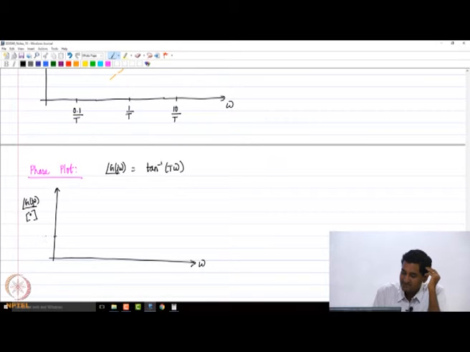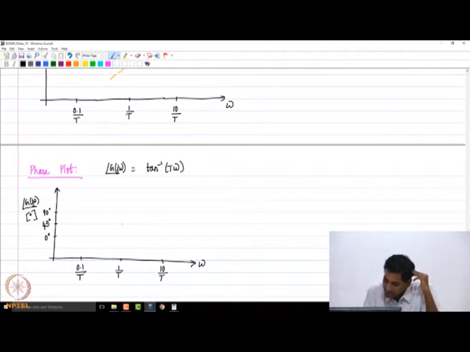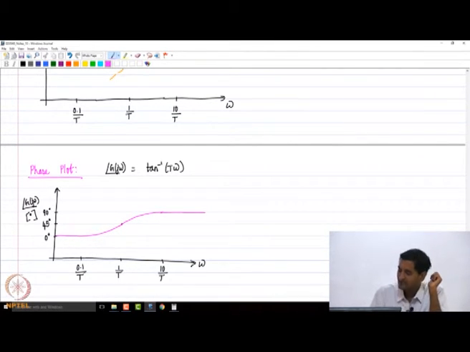So essentially if this is my 0 degrees and this is my 90 degrees and this is 45, so what is going to happen is that at 1 by capital T, and let us say 10 by capital T and 0.1 by capital T, at 1 by capital T the value is 45. So the phase plot is going to start from 0 and then pass through 1 by capital T and 45 and then settle to 90 asymptotically.